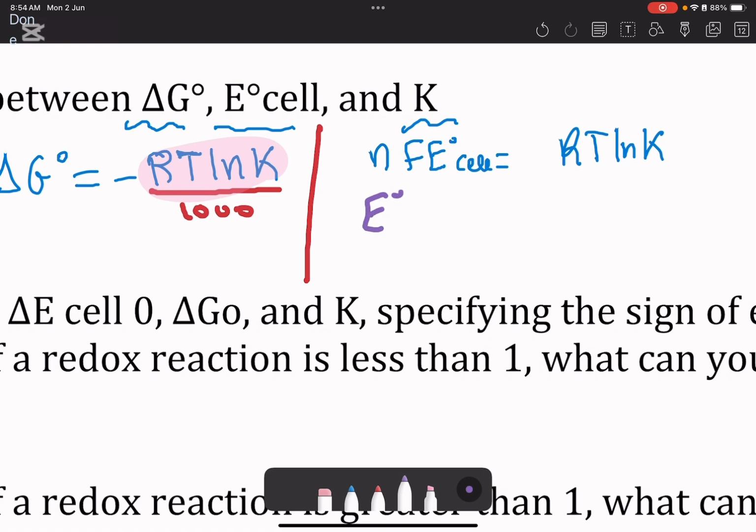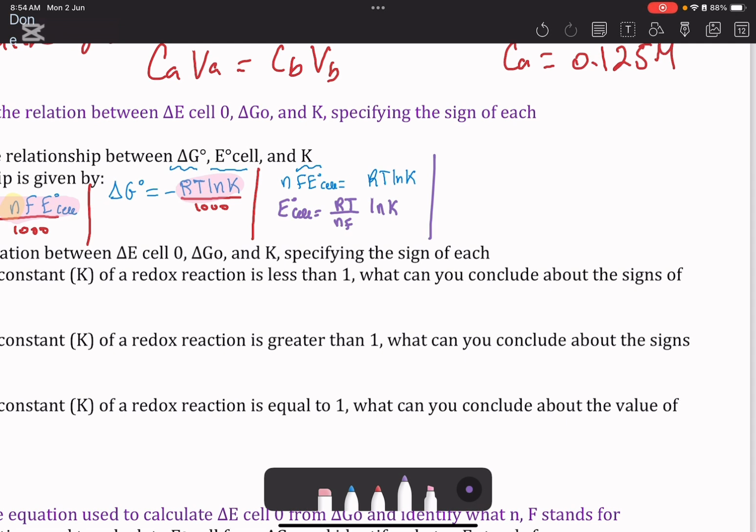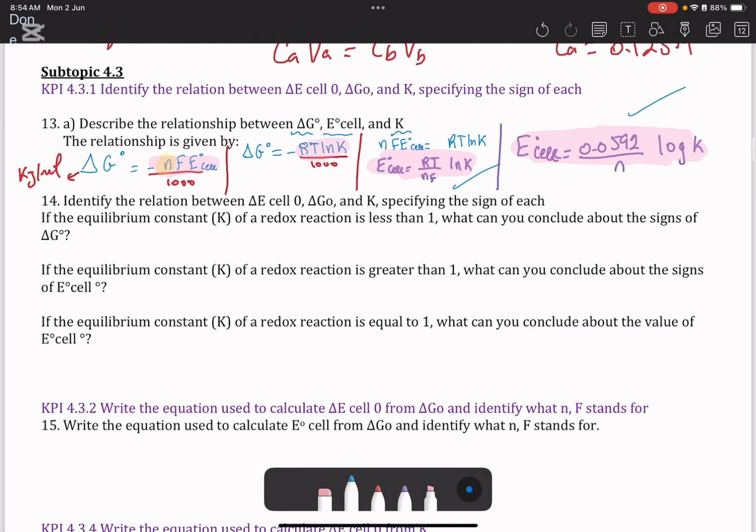I can say that E cell is equal to RT over nF, which is all a constant, times ln K. Or there's another formula that I taught you in class, which is E cell equals 0.0592 over n log K instead of ln K. So when you are solving a question and you have to find E cell by using the given value of K, you can use either this formula or this one. They will both give you the same answer.